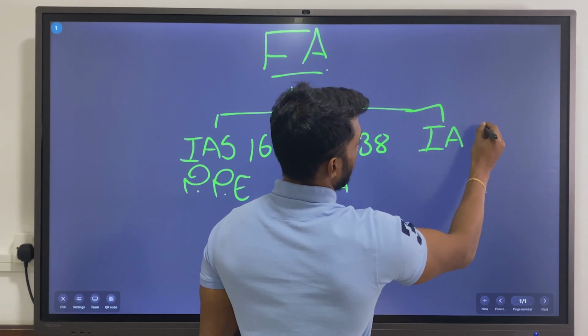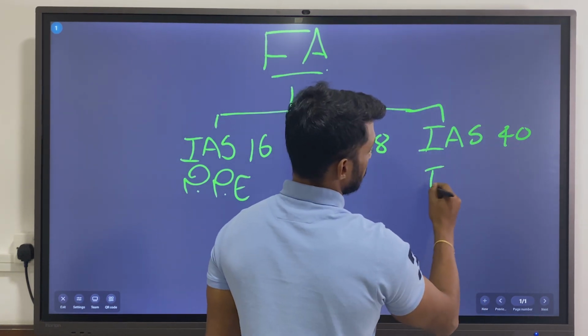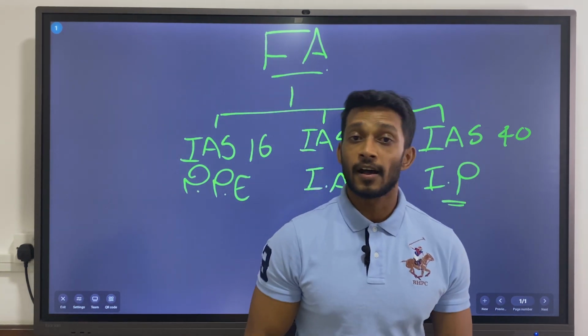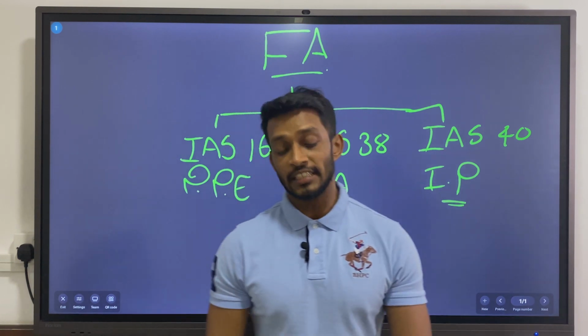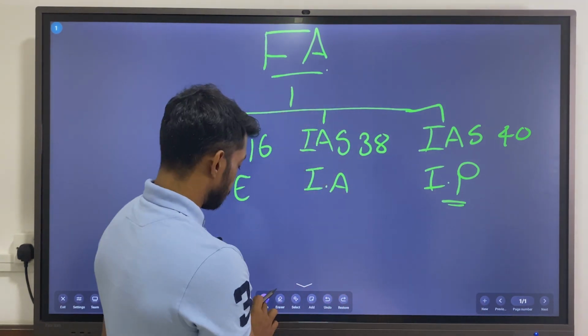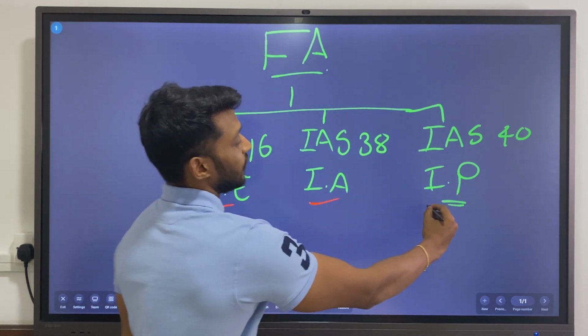International Accounting Standard number 40 is for investment properties. Investment properties means the assets which we are renting out to others. So these are just examples of fixed assets.